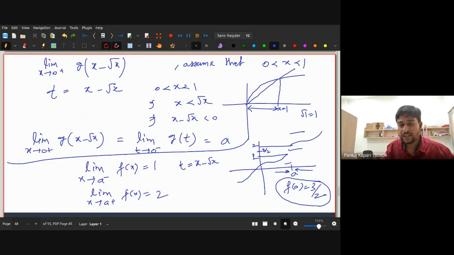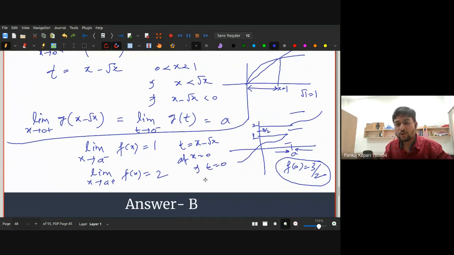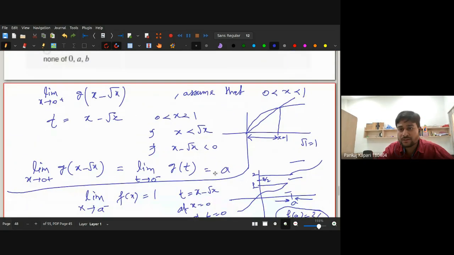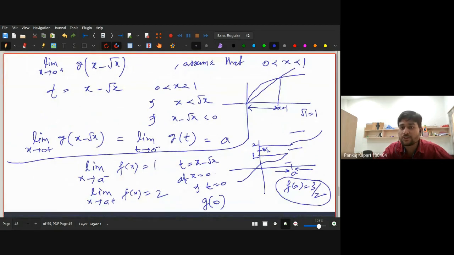So if you put x equal to 0, then at x equal to 0, t also becomes 0, right? But we don't know if g of 0 is defined or not. So that's why we just exclude 0 from the domain. We don't have any information about g. That is another reason. It might happen that g is defined at 0. In that case you can include 0, but the inclusion or exclusion of the 0 at which you are finding the limit will not make any contribution towards the limit.